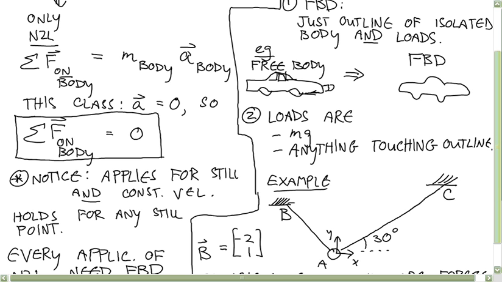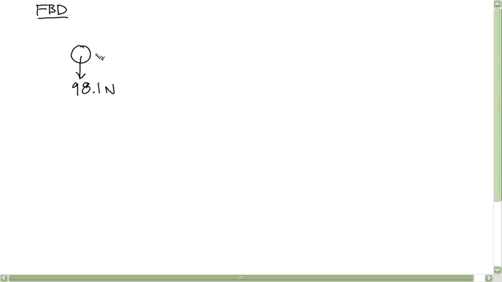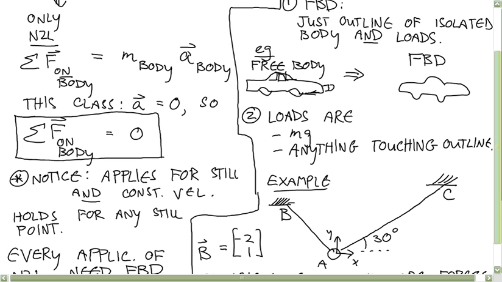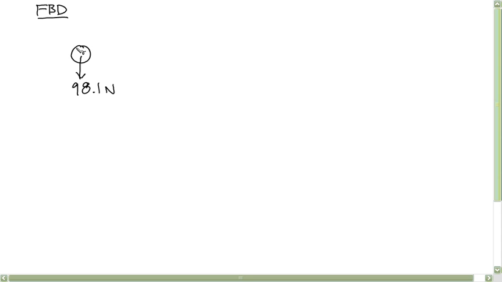And this is the outline of the object. Now we just go around the outline looking for things touching the object, and those each provide a force. So what 2 things are touching that outline? The 2 cables, yeah. So I'll say that there's 1, and by the way, what direction do the forces go that these cables are applying to this object?